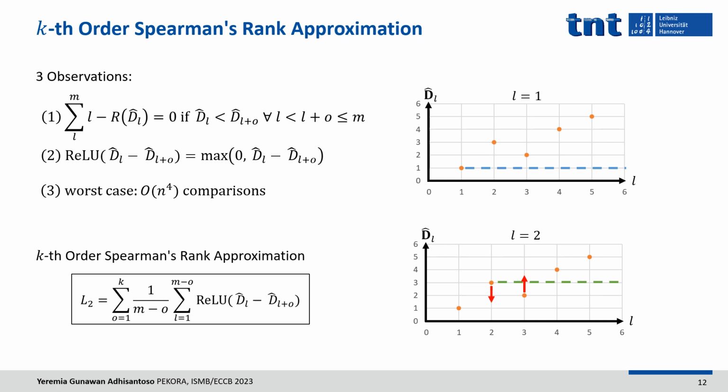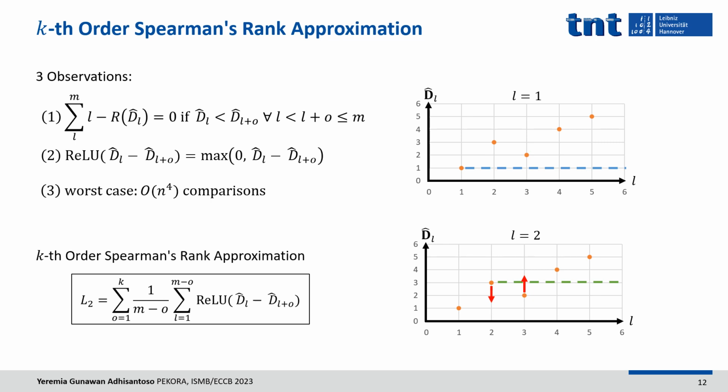Because we have two different interactions for the relationship. For example, the first one is that as long as the next value is greater than the current value, our loss is 0. But on the other hand, if the next value is lower than the current point, we use a non-linear function, ReLU here.